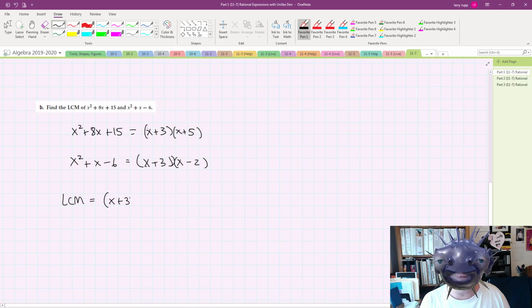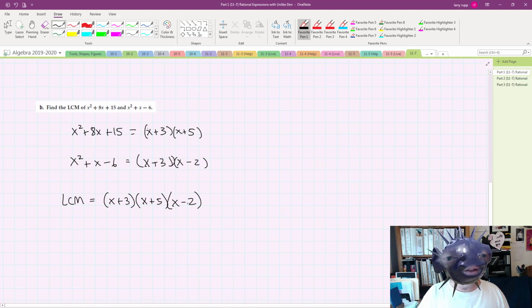That's a factor. We have one in each one of them, so that is good. What about the next one? An x plus 5. Well, we have at least one on the top, so that's good. The bottom one here, x plus 3, we've already got, but what we don't have is an x minus 2.